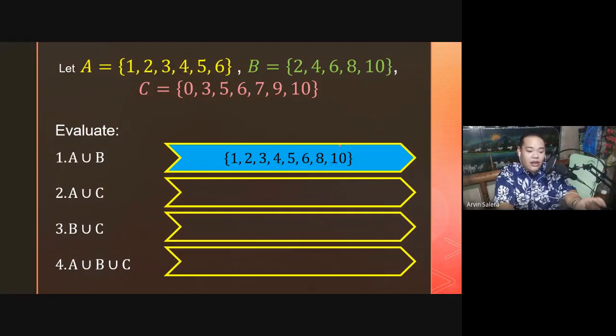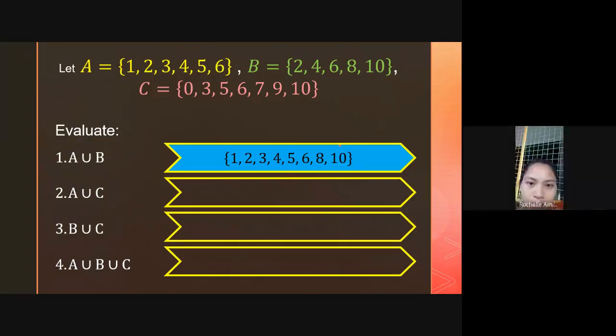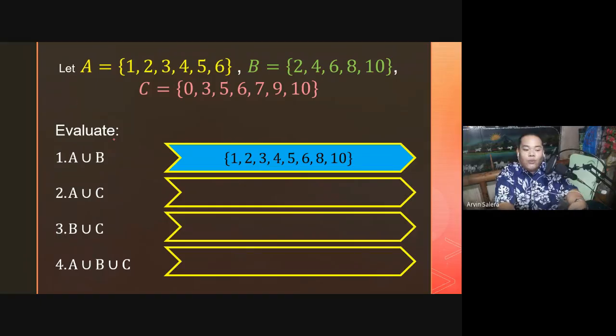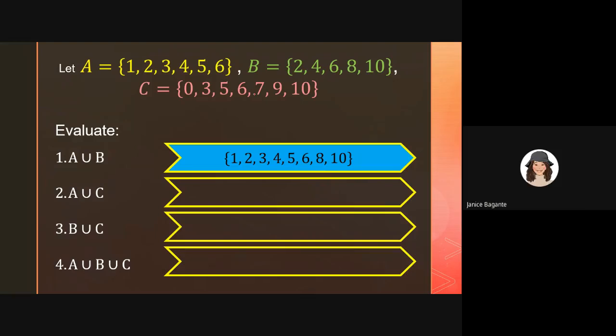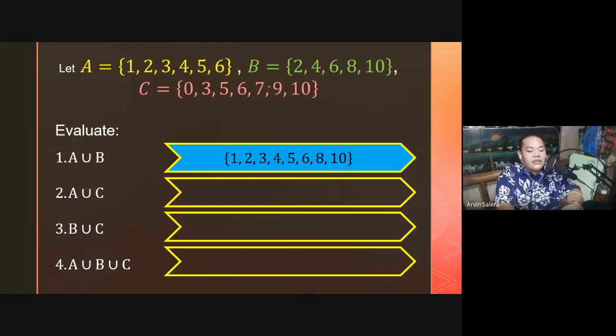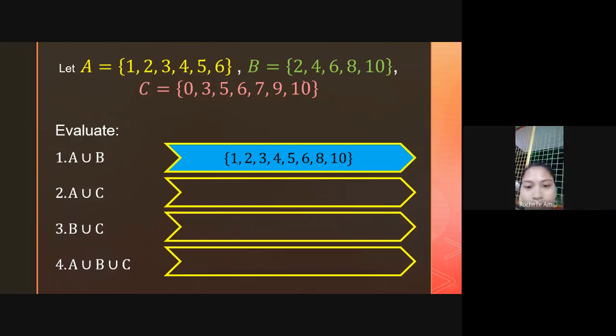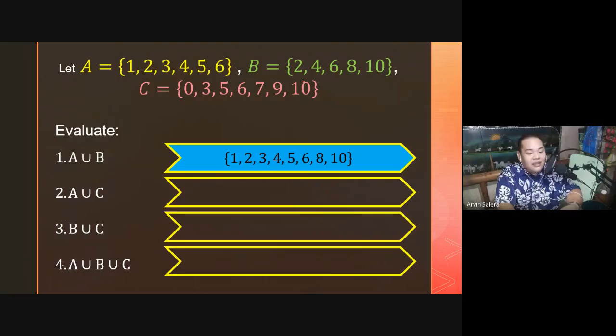Okay. A union C. Sugod ta ni 0, kay kinagamyan man si 0. Followed by 1, 2, 3, 4, 5, 6, 7, 9, 10. Okay, walay 8, di ba?